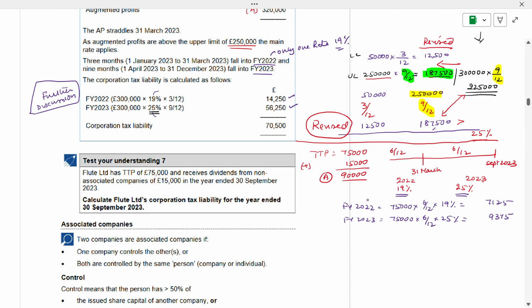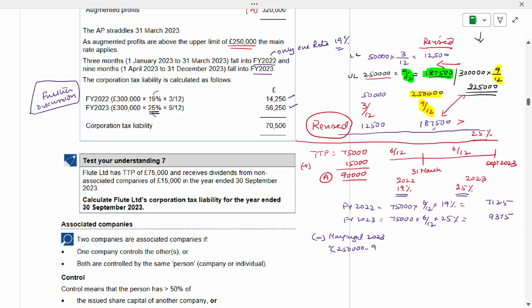For the financial year 2023, 75,000, 6 by 12 and 25%. How much will you get? 9375. What is your question? Why have we wasted so much time? We should have done this question.